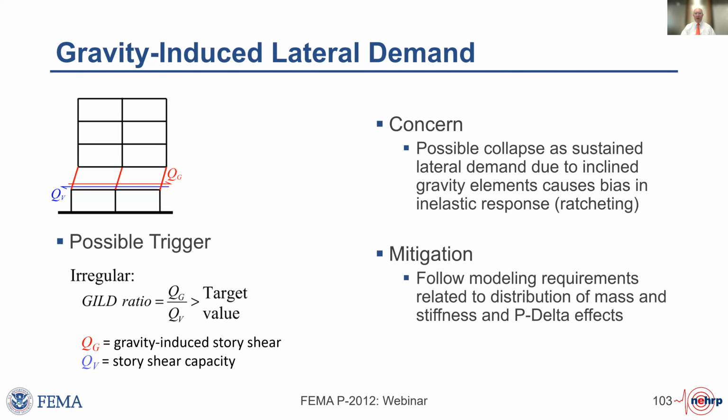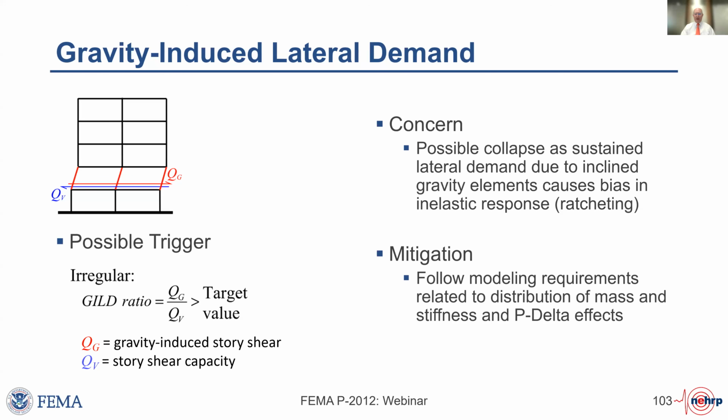Some could argue, and perhaps some did at the committee, that since we already have to explicitly think about the strength and stiffness of a system, this should be in any good analysis. I believe that the effect is missed by some, especially if they separate their gravity analysis from their lateral analysis. If they separate those two and they're unaware of this situation, then they may be under designing.